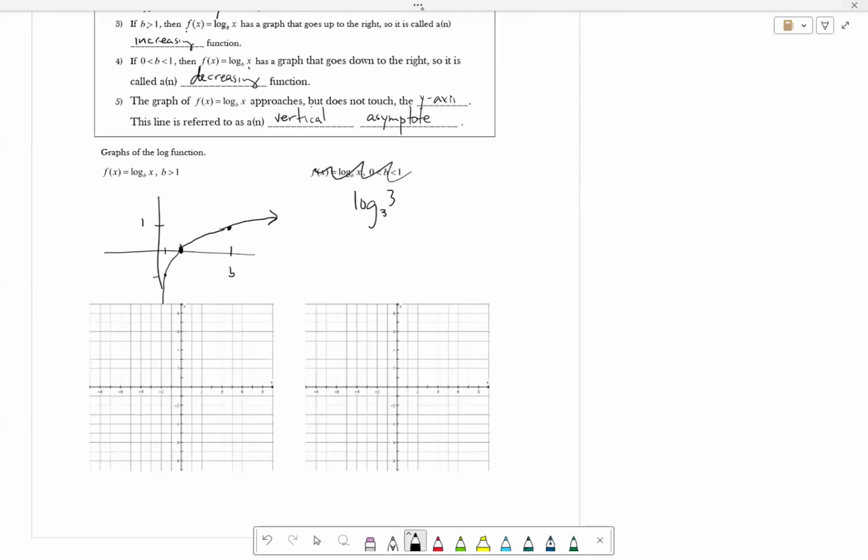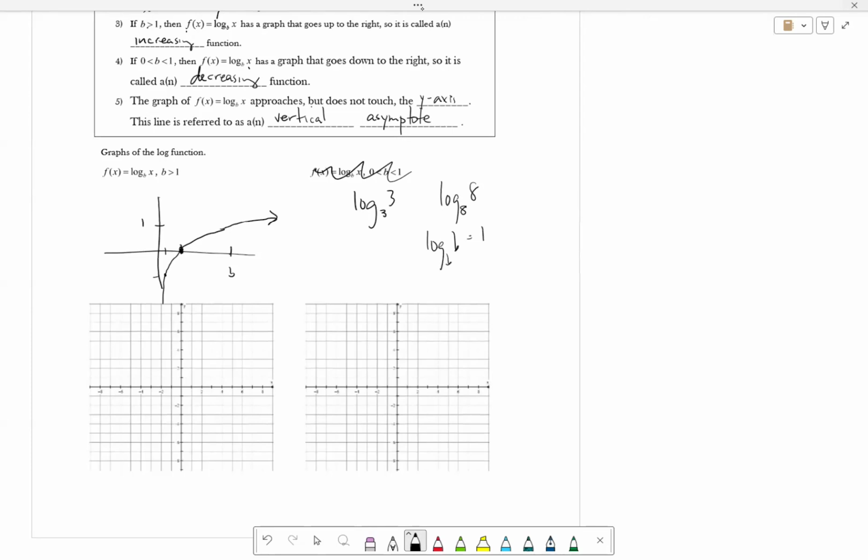Because there's a rule. 3 to the power of what equals 3? 1. 3 to the first power is equal to 3. We're talking about exponents. Log base 8 of 8 is equal to 1. So log base b of b is equal to 1. So when I plug in a b, the output is a 1.